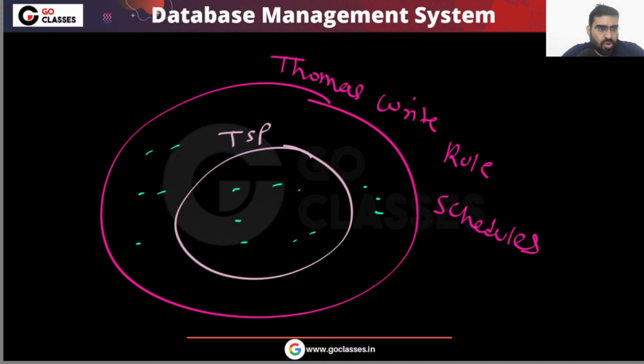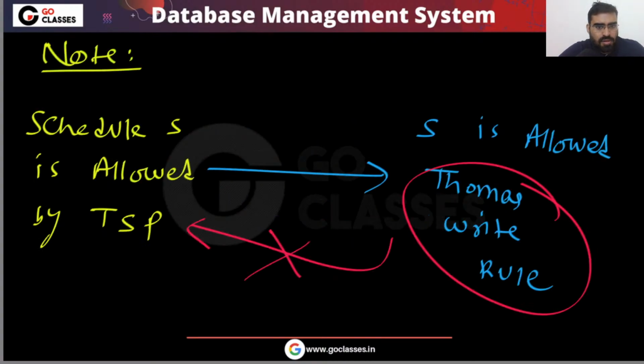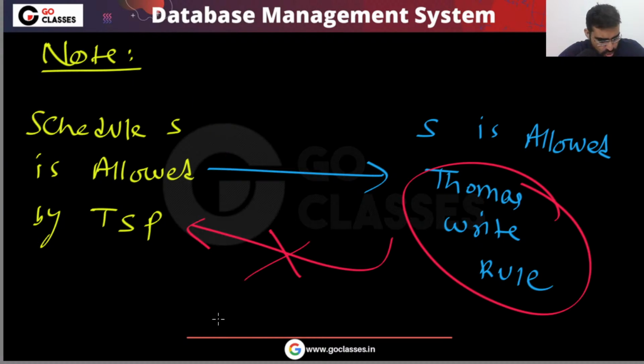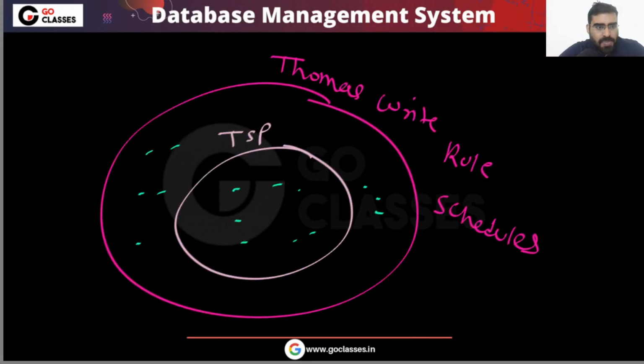Dipan, is your doubt clear? Better concurrency it will give you. If a schedule is allowed by TSP, it will also be allowed by Thomas Write rule. Everything allowed by TSP is allowed by Thomas Write rule, but Thomas Write rule will give you more concurrency.